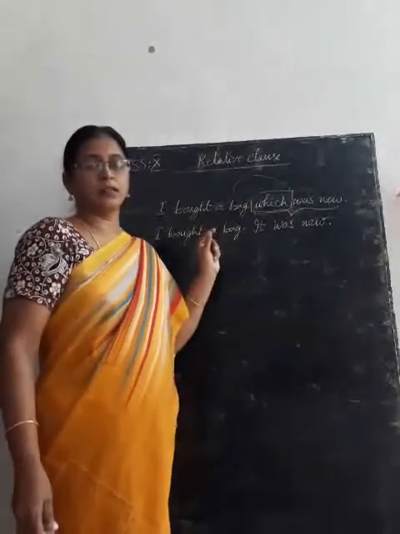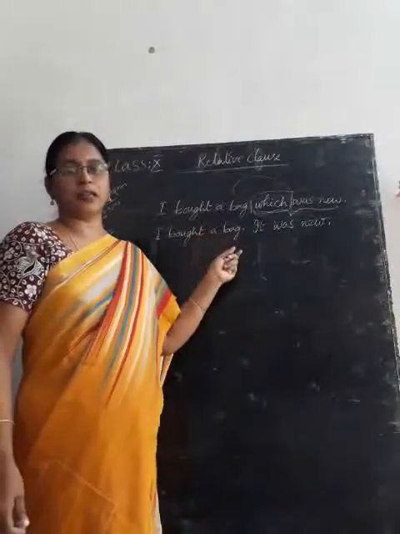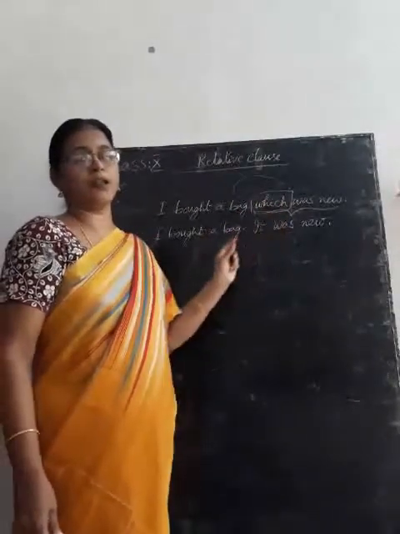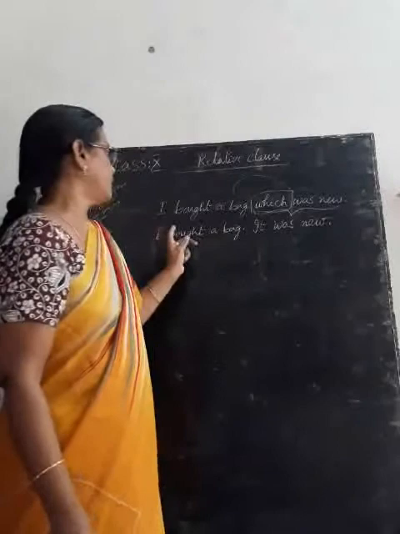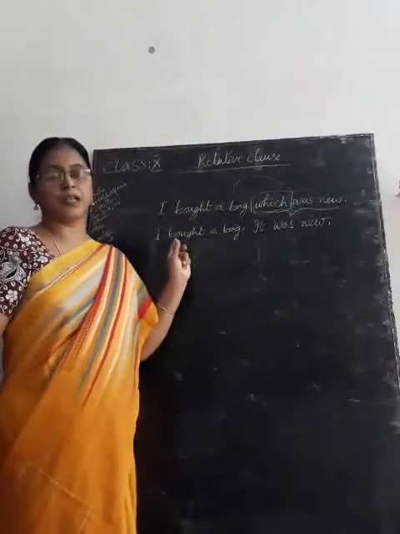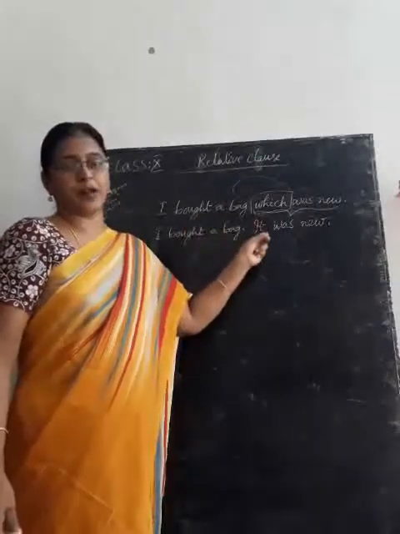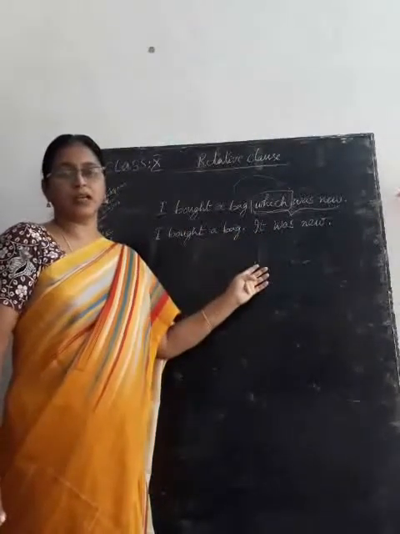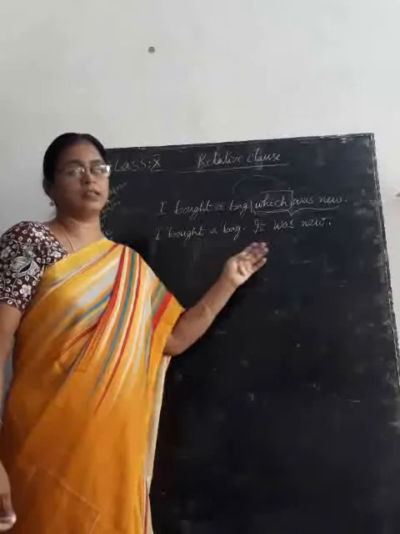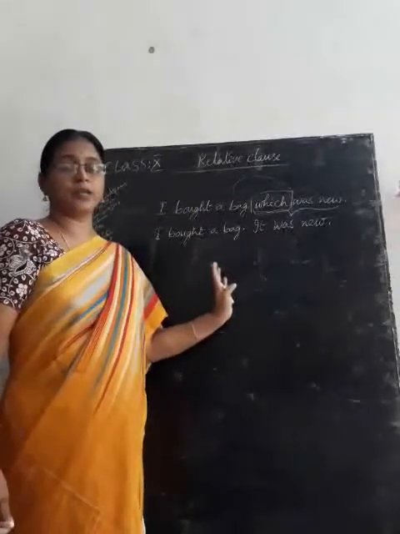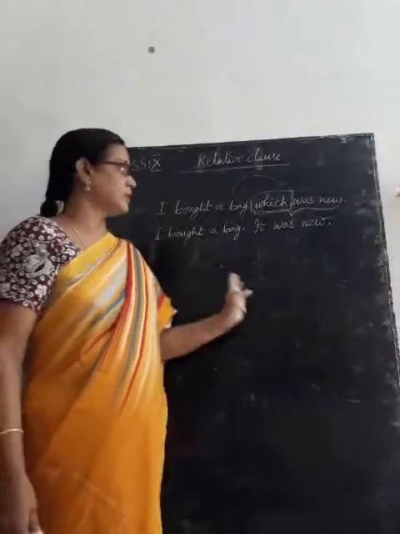Whenever we want to combine two sentences that describe the same noun, we use relative clause. The noun can be a subject or an object in a sentence.